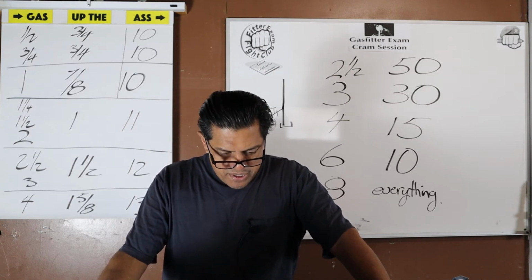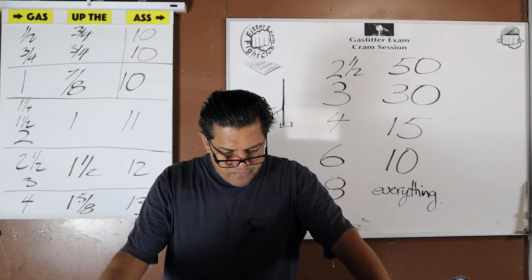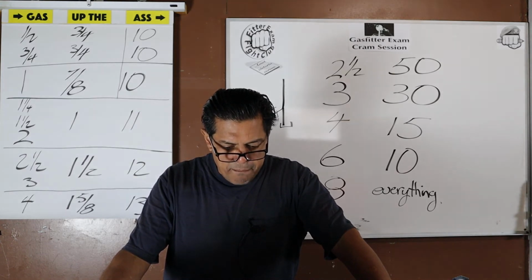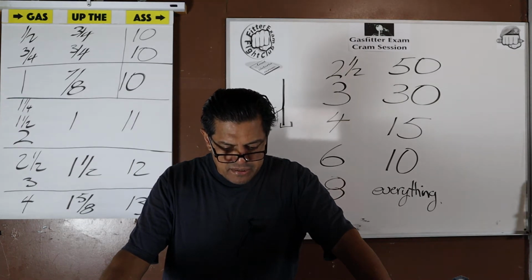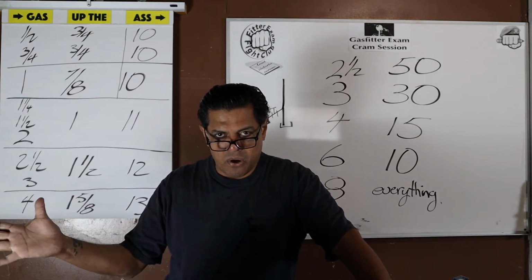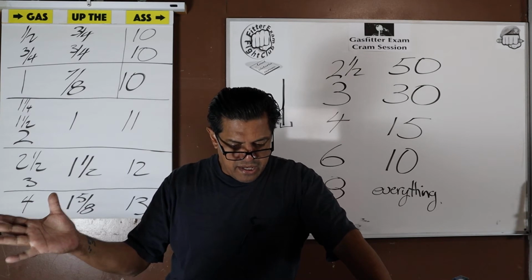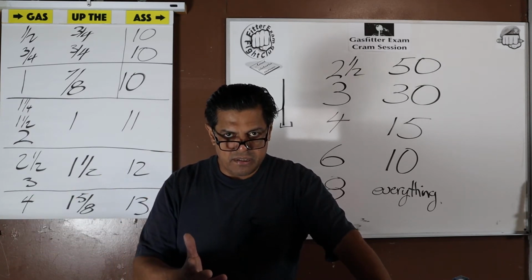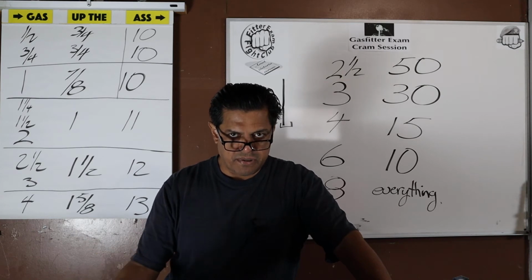Because you could have this question phrased as, for steel gas piping, threaded fittings shall not be used for sizes, blah, blah, blah, and over. If it was phrased that way, D, 5 inches would be the correct answer.